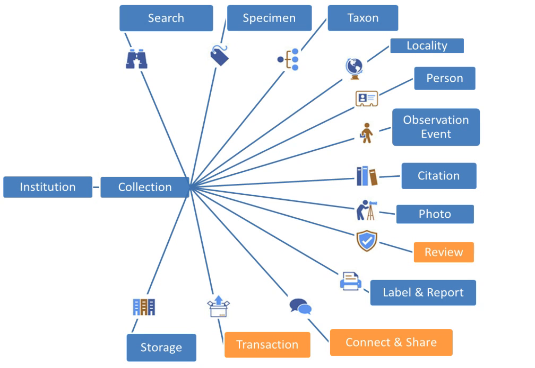Then you have person records, where you can say this person collected this specimen, this person prepared this specimen, things like that. Moving a little lower, we have observation events. The observation events are essentially the when something was collected, and the locality up above it is the where it was collected.